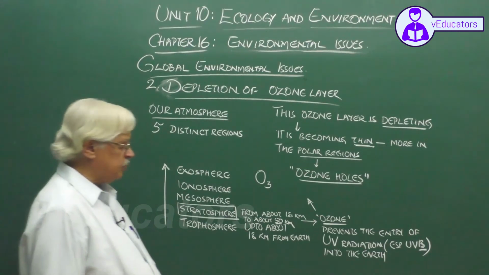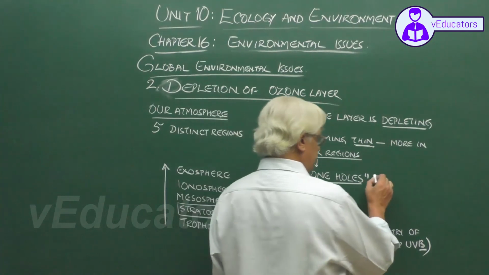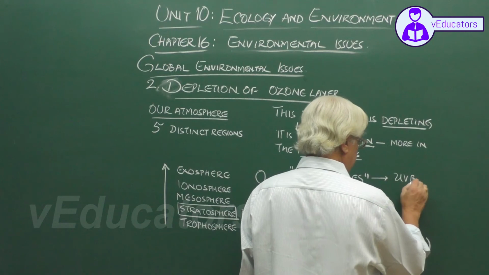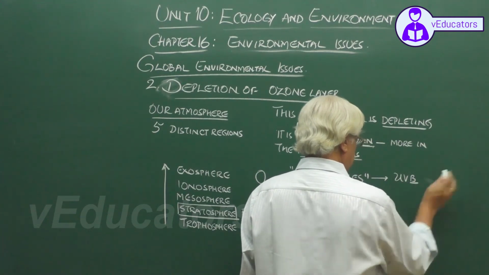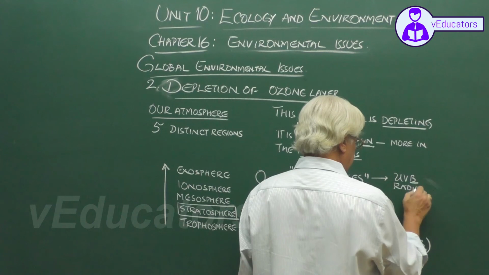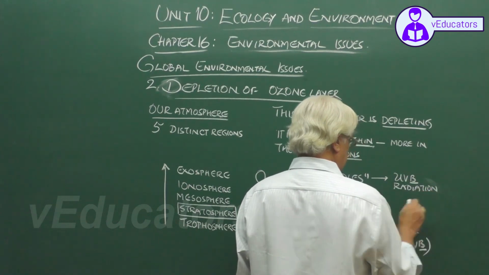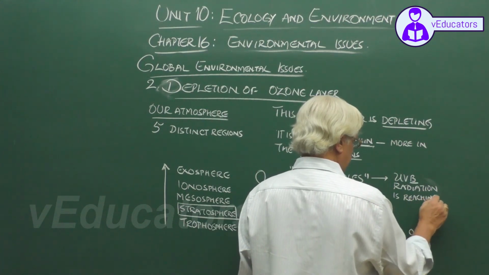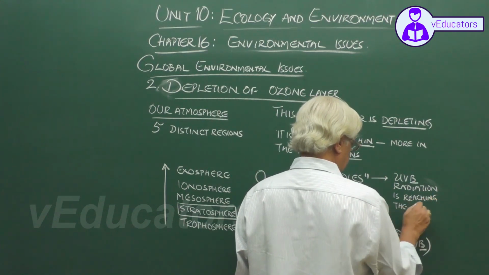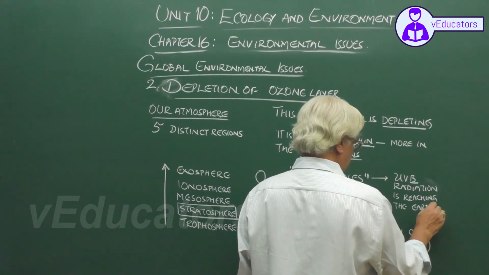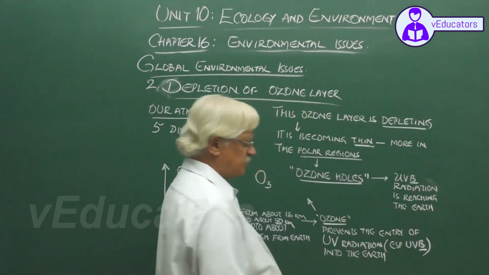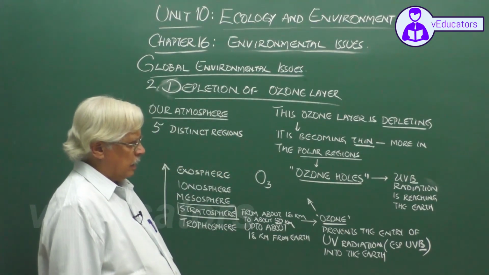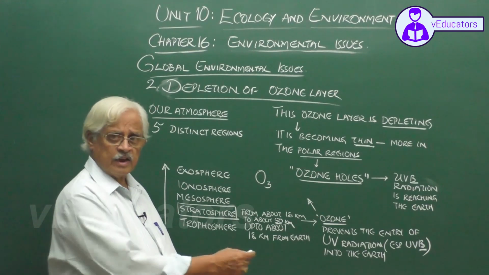Due to this thinning of the ozone layer, ultraviolet B radiation has started reaching the earth, causing serious effects. What are these effects? Let us see now.